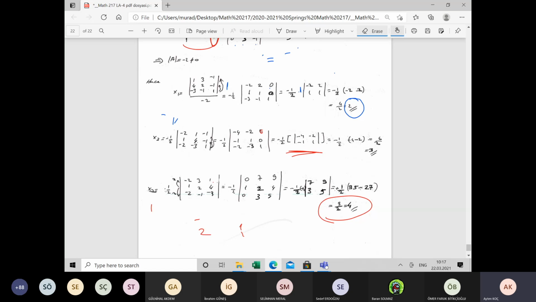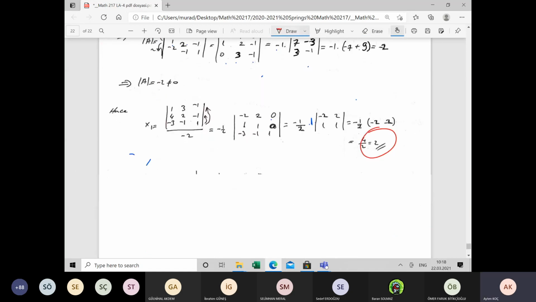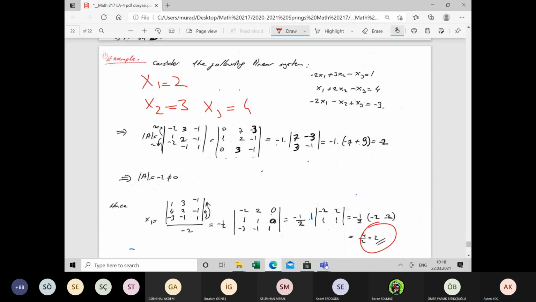So Cramer's rule applicable because determinant not 0. X1 is 2 here. Yes, x1 is 2. X2 is, yes, x2 is 3. x3 is 4. I hope, yes, 4.